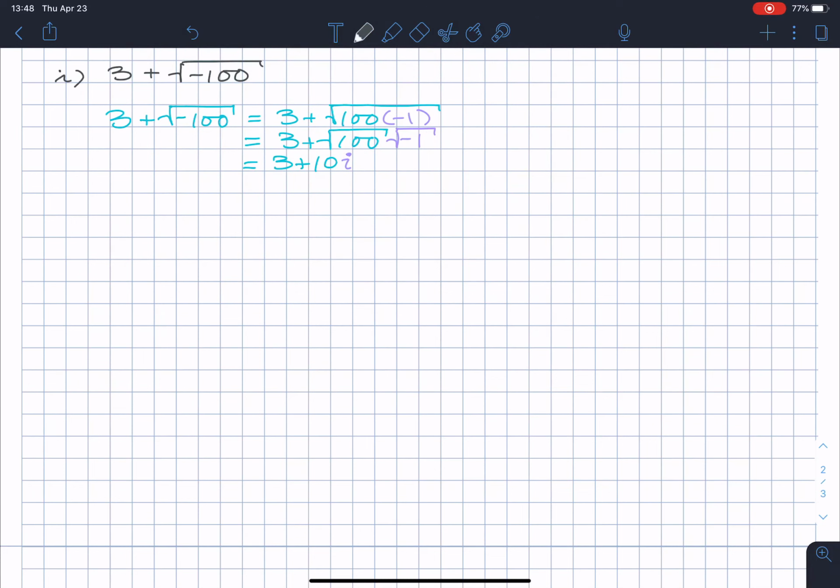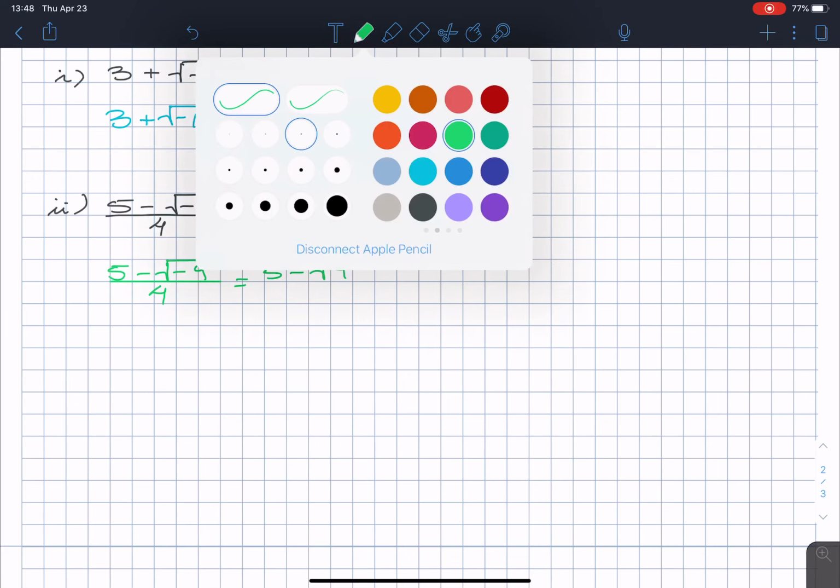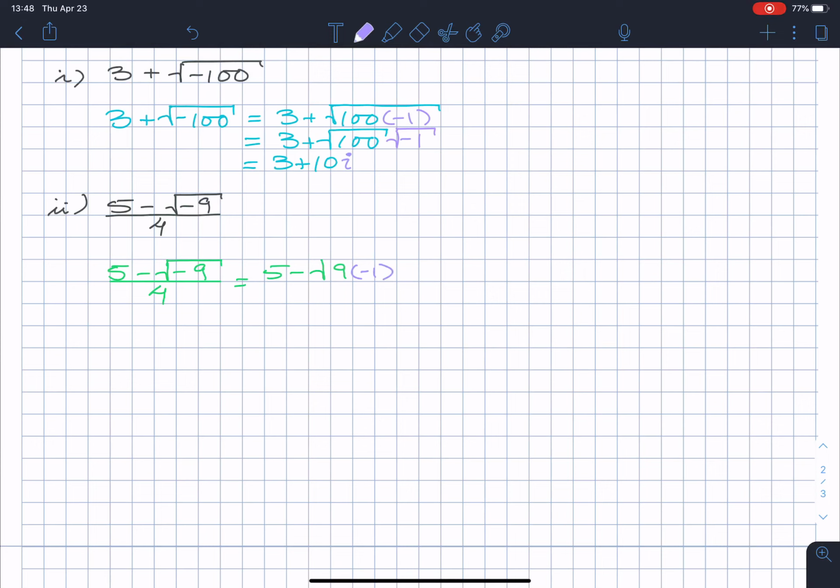So number 2, what do we have? Let's do 5 minus the square root of -9 all over 4. So this will be 5 minus the square root of 9 times -1, all over 4.